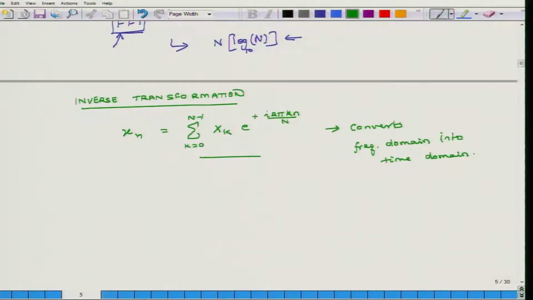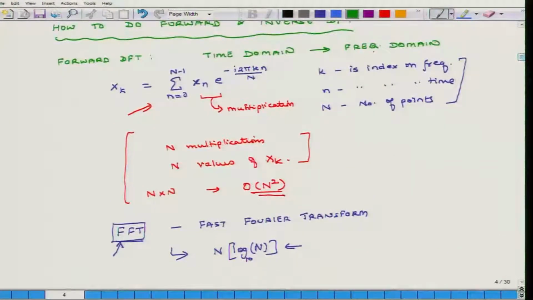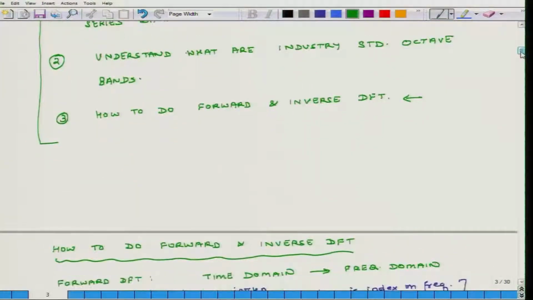So, the point is that if I have time domain data, I can convert it into frequency domain data, and I can use the same data, or if I want I can modify it and convert it back into time domain data. So, that addresses our first question, how to do forward and inverse transformation.